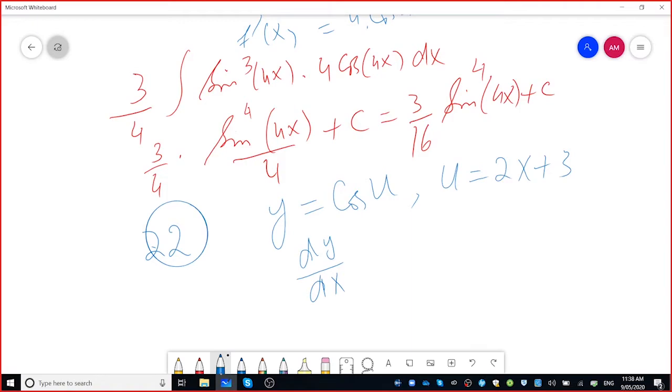You substitute 2x plus 3 into cos for u. That is another way of doing it. You can also do it separately. Do you know that? So this can be written as dy upon du.